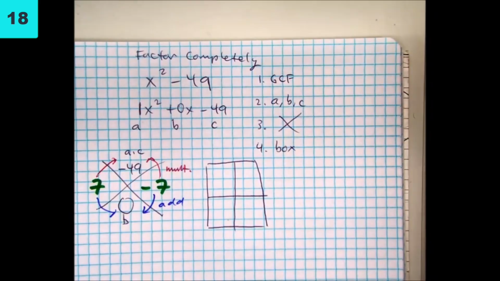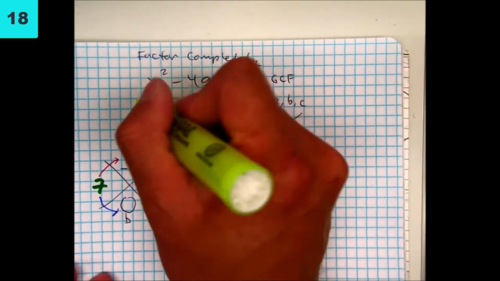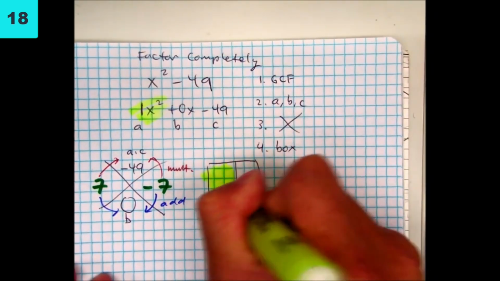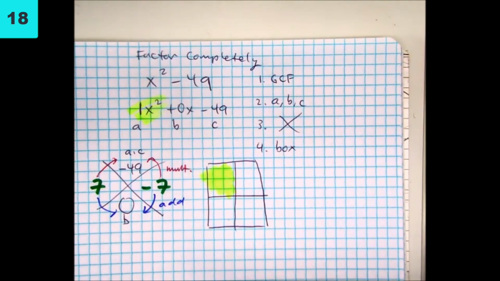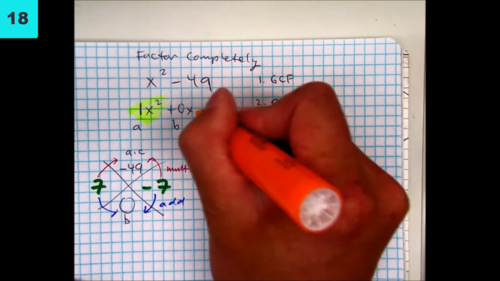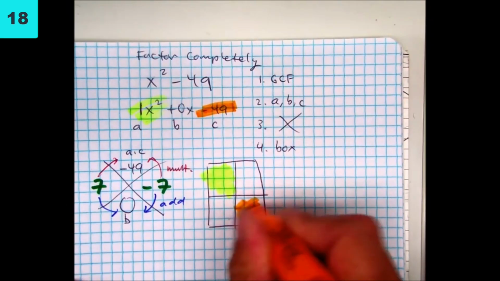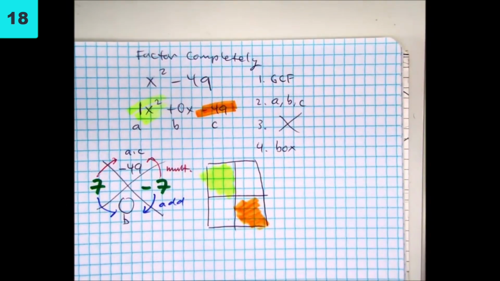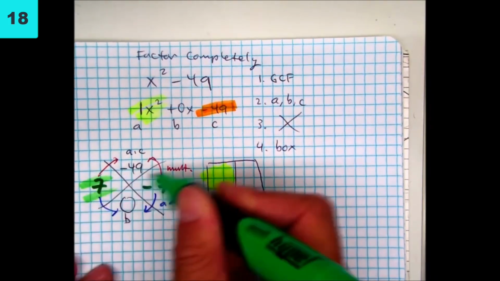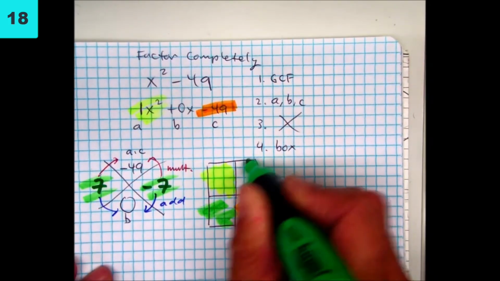So let me color code this for you. The first term, you put in the top left of the box. The last one, your C term, goes in the bottom right, always. And the numbers that we just found go here.